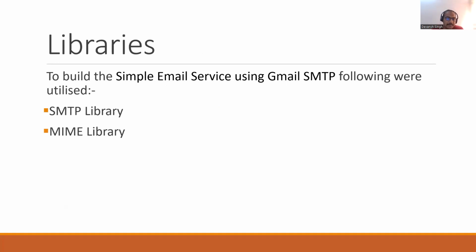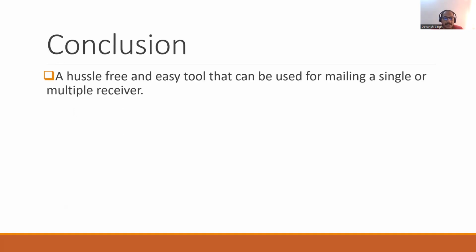And then the MIME library, that is Multipurpose Internet Mail Extensions, is used for mailing and interaction with Gmail. The advantage and conclusion we can derive from the tool is that it is a hassle-free and easy tool by which a user can mail to single or several receivers. So I would like to show its demo.